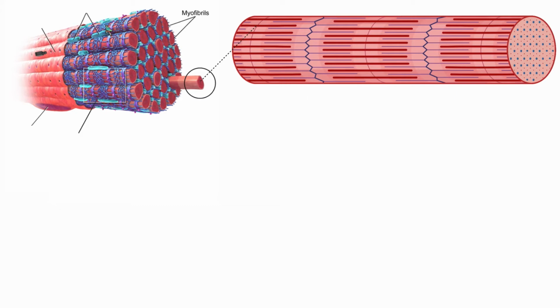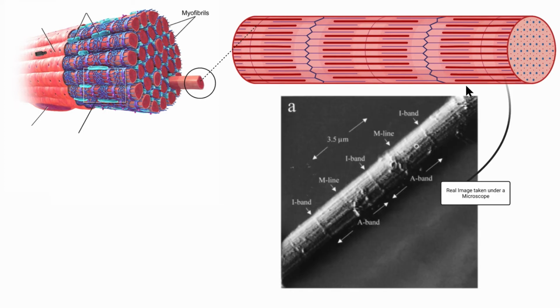So you've got our muscle cell again here, and one part of that muscle cell is known as this myofibril. And it looks like another cylinder. It just looks like another muscle cell, but it's on a much, much smaller scale. And this myofibril has a certain structure to it that we'll get into. But I did actually want to show you an actual image of what that looks like in real life, because I've been using a bunch of cartoons up to now.